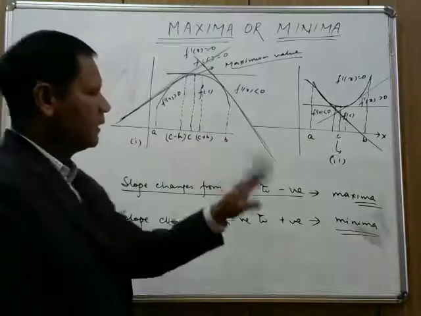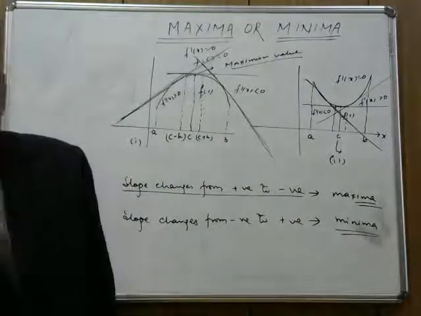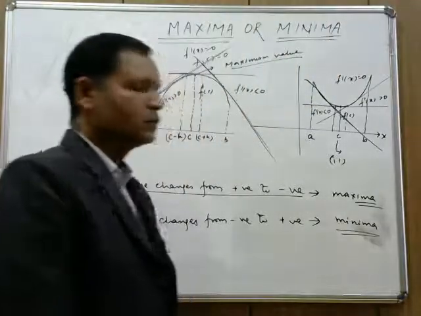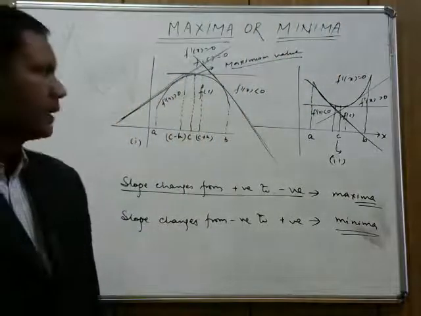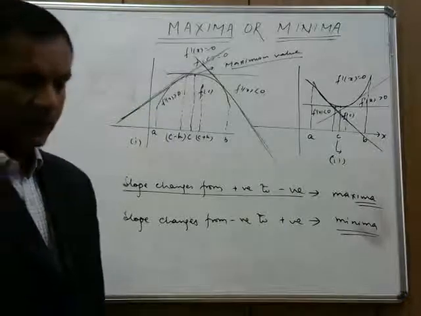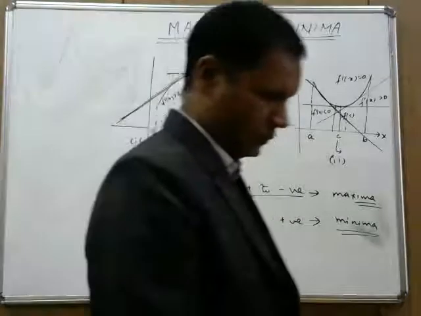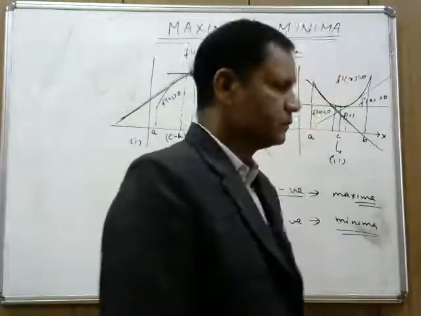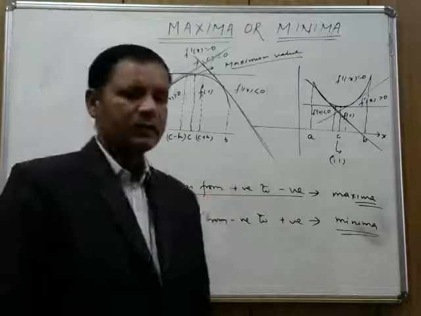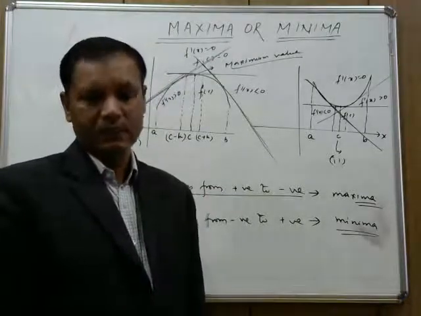Actually, what I am discussing is called the first derivative test, of how to check whether a given function will attain the maximum value or minimum value. There are two methods to find out. One is the first derivative test and the next one is the second derivative test.